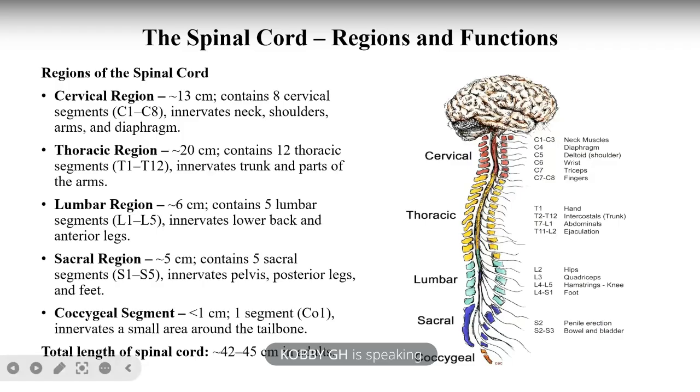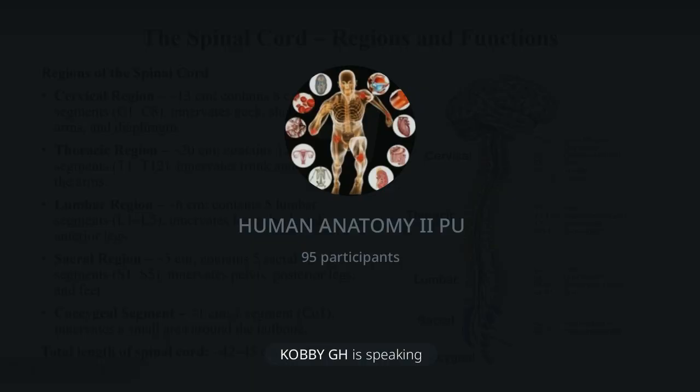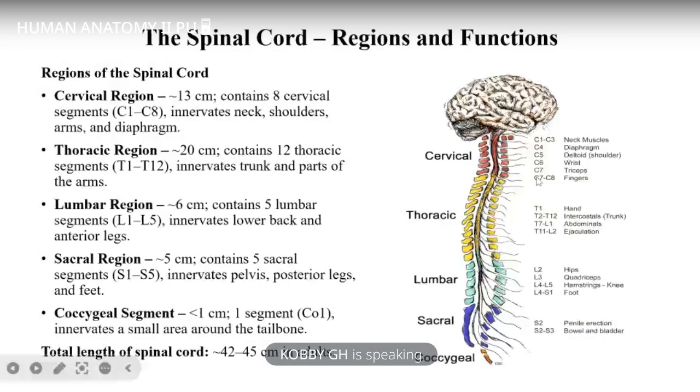The cervical region starts from C1 to C7, C8. The thoracic region starts from T1 to T11, L2. Then we have the lumbar region, which starts from L2 to S1.